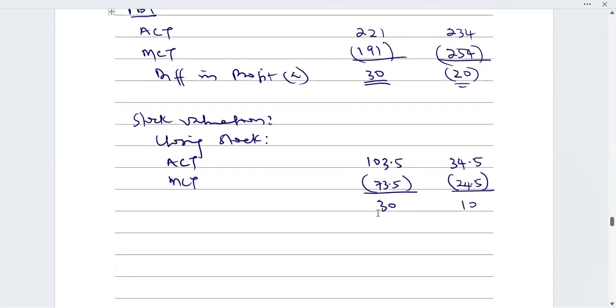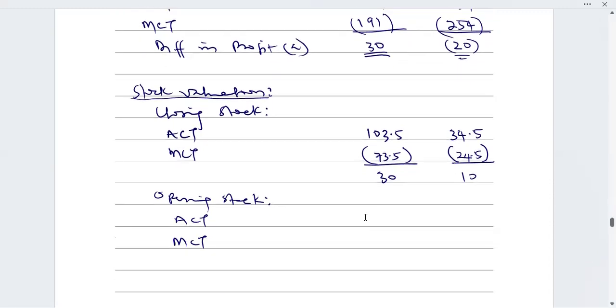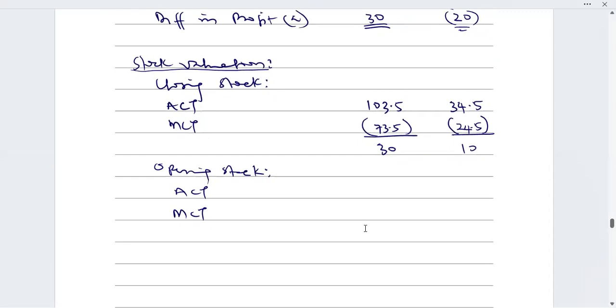So we have difference in the opening stock now. So let's do opening stock. Under opening stock, we have ACT, then MCT. So opening stock for March is nil. Okay, this is dash. This is also dash, right?